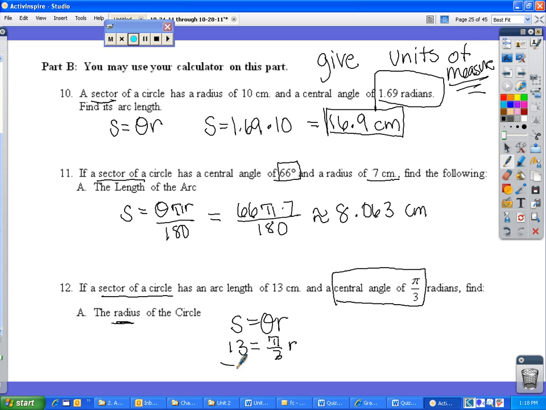So to do this, I'm going to divide both sides by pi over 3, which gives me r equals 13 divided by pi over 3, which is 13 times 3 over pi, which, if I give a decimal, is about 12.41 centimeters.